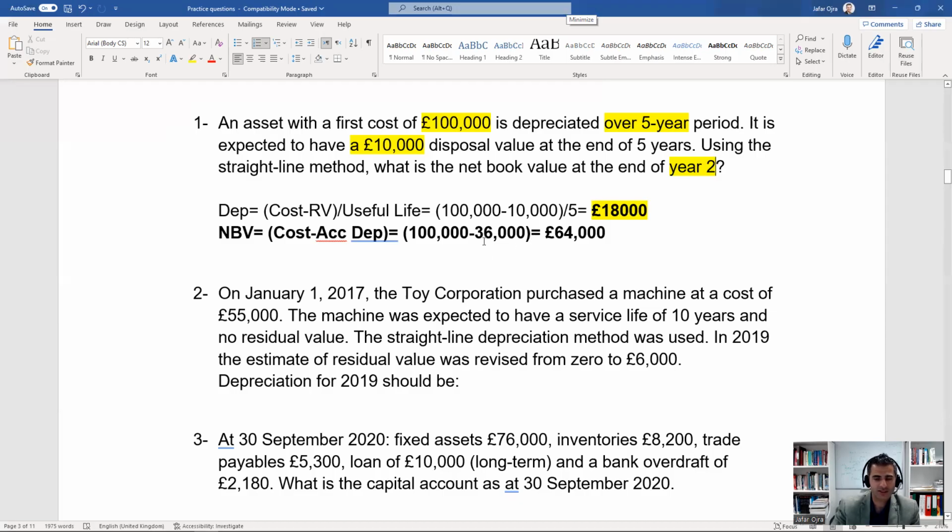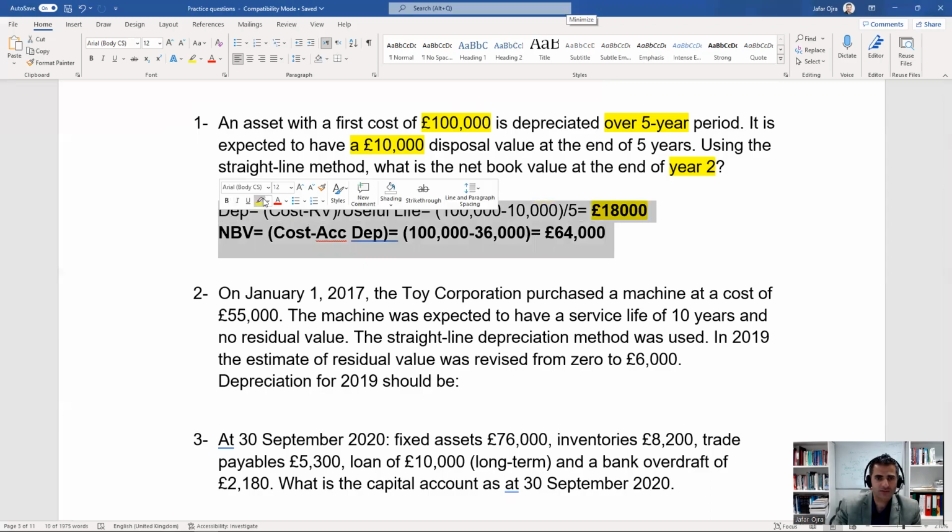Sorry, that's 36, 46, 56, that's 54,000. 54,000 will be the total accumulated depreciation. 100 minus 54 would be 46,000 pounds, and that is the current value at the end of year 3. So be careful when you look at the question and look at the requirement. The answer for this one is 64,000 pounds. Okay, that's great.